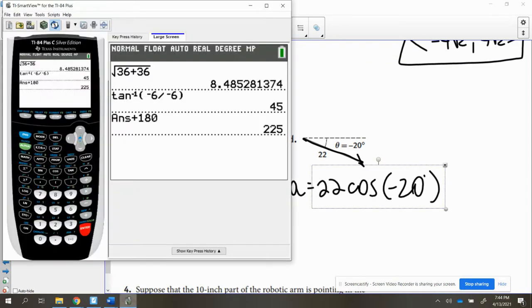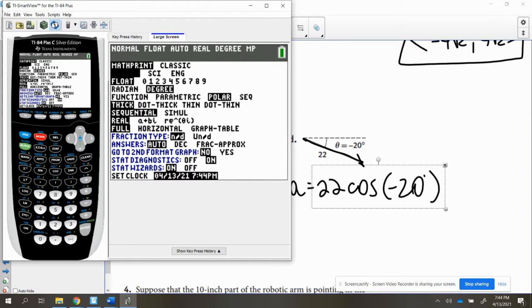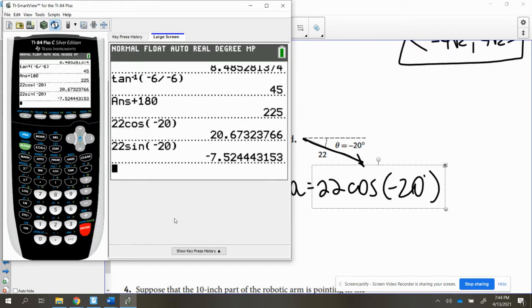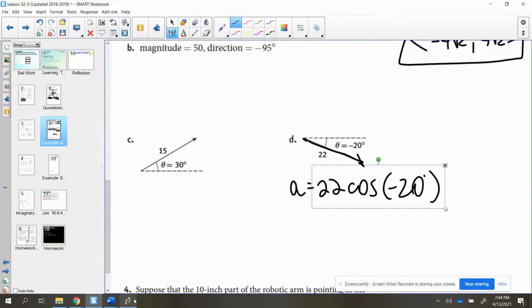Again, make sure that your calculator is in degree mode, as it should already be. We have 22 cosine of negative 20 degrees. And I'm just going to jump ahead as well with the sine of negative 20 degrees to get our A and our B format on this one.